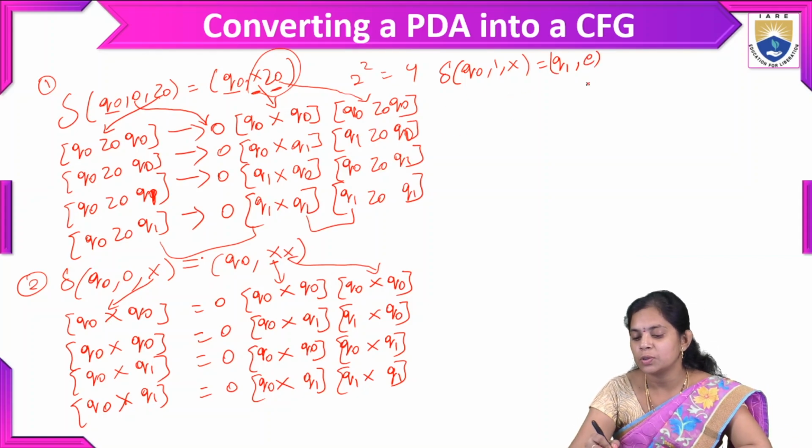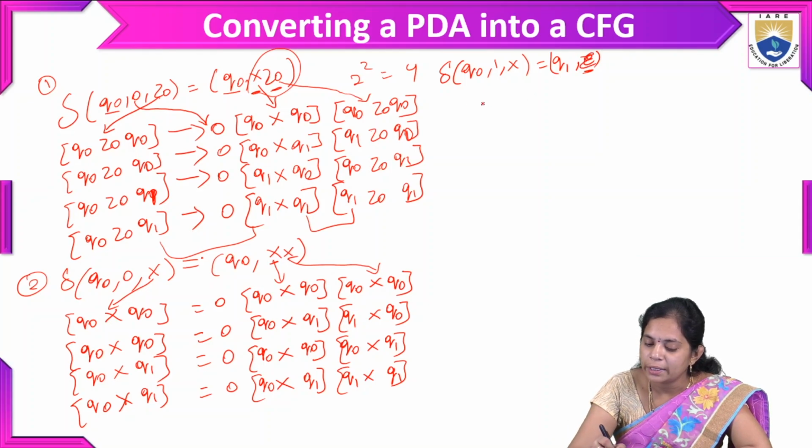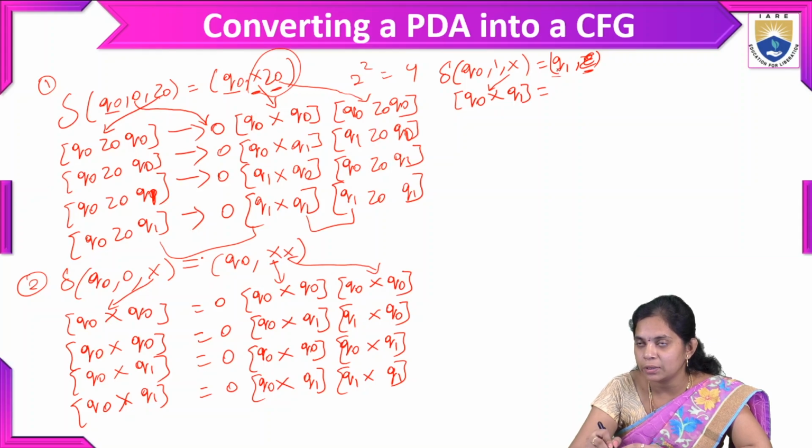For this production we have only a single value, a single top of the stack symbol, so we can write epsilon. Here we need to write the combination of 2 things. One is the Q0 with the X value, and we need to write the next state. Since we have only a single value, we write directly the current state and next state.